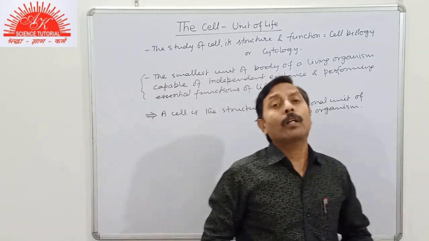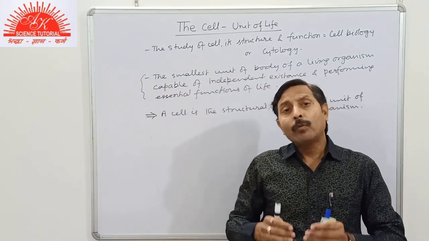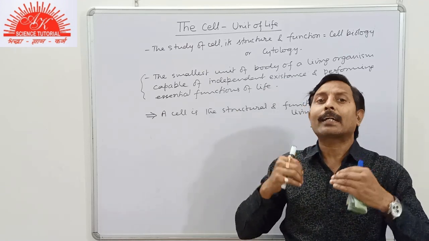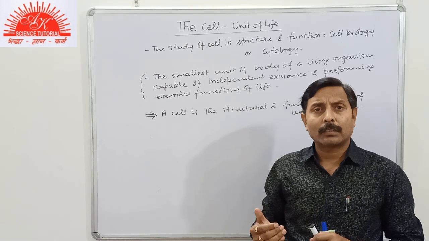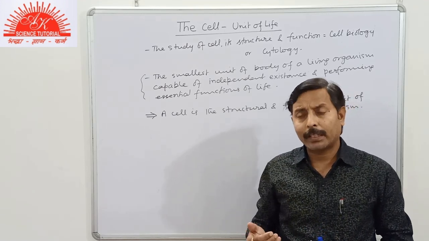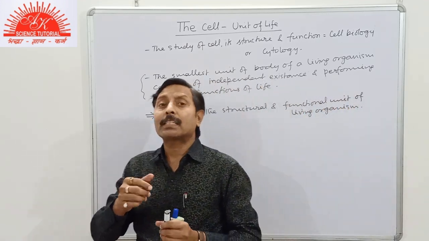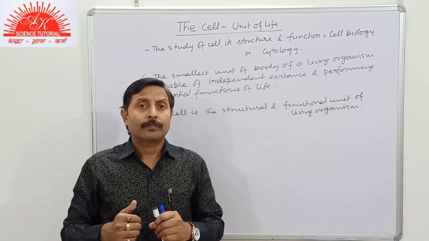Cell is very small in size. We cannot see it with our naked eyes. Its size is in the order of micrometer, that is micron, 10 to the power minus 6 meter.